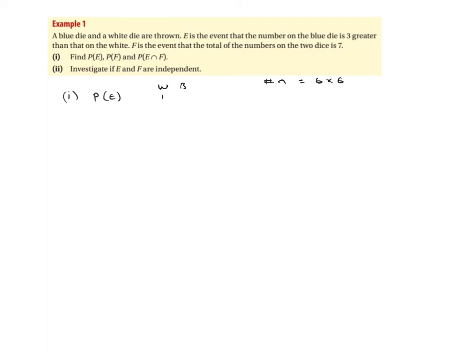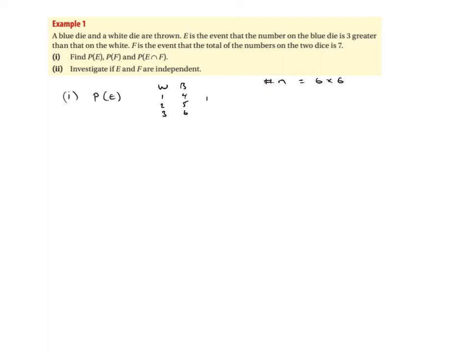So if this is 1, then that'll be 4. If this is 2, that'll be 5. If this is 3, this will be 6. There are no other ways that we can actually have what we've just said there in the question. So there's only 3 ways.